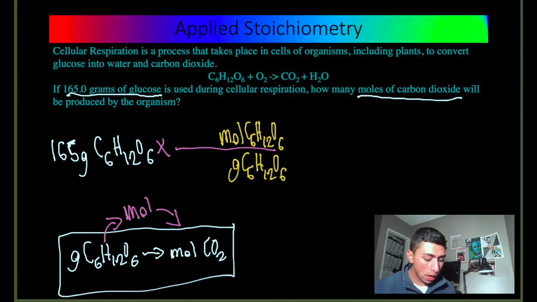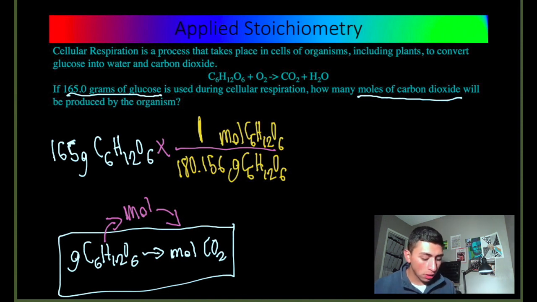Now for every how many grams do I get 1 mole of glucose? This is where you use your molar mass of glucose, and the molar mass of glucose is 180.156. So for every 180.156 grams of glucose, I essentially have 1 mole of glucose.